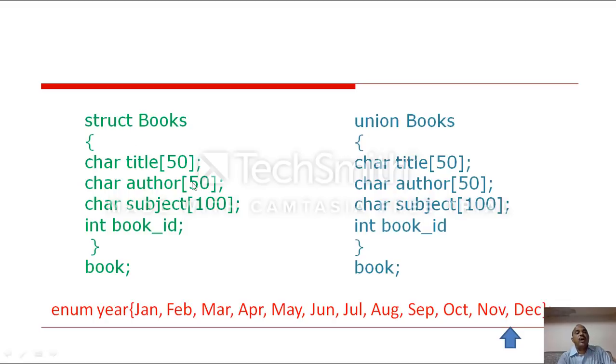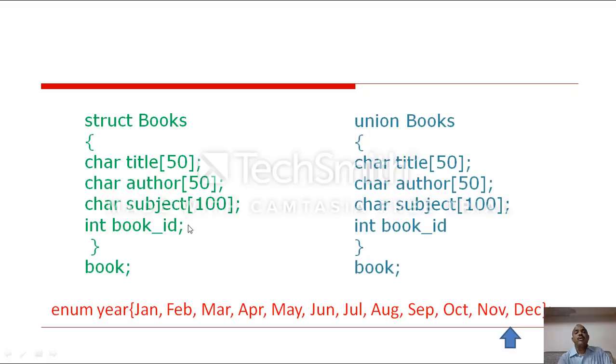Title 50, author 50, subject 100, total 200, and book id, an integer, for example 2 bytes. Total 202 bytes of memory occupied by the book variable. Clear all of you? This is the structure. A structure variable occupies the memory of the total members of the structure.